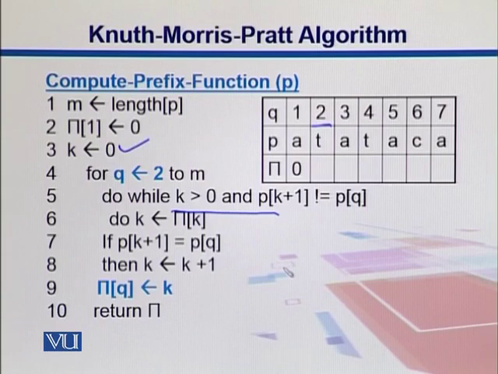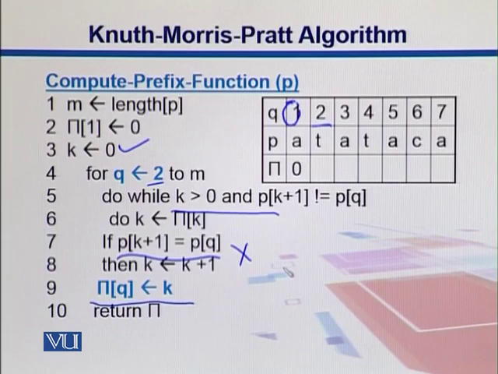Now we compare P of k plus 1, which is 0 plus 1, the first character, with P of q, which is the second character. They mismatch, so we won't go here either, and we put the value of k in pi of q.